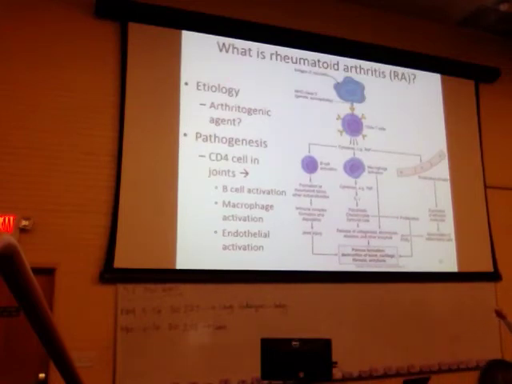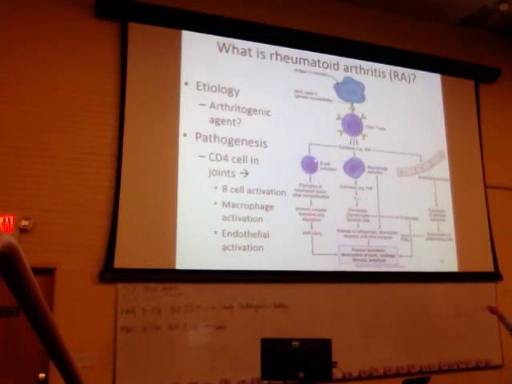So we've got our antigen, collagen type 2, triggering this, activating CD4 positive T cells, and we've got sort of 3 different pathways, right? So the CD4 positive T cells in the joint activate B cells.